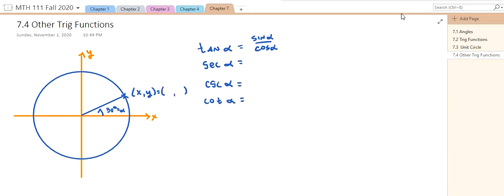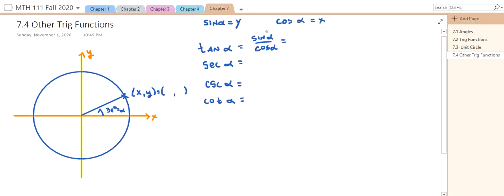Then, for a given angle, we intersect the circle at this point, x y, and remember that the sine of alpha equals y, and the cosine of alpha, well, what a crazy alpha, looks like I drew a delta there. Cosine of alpha equals x.